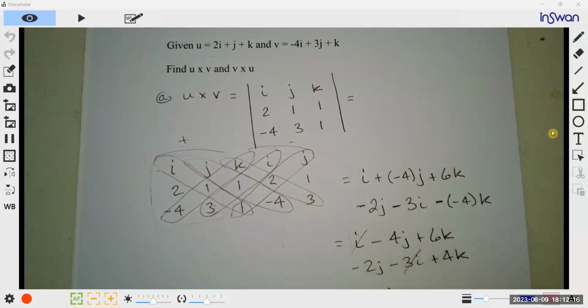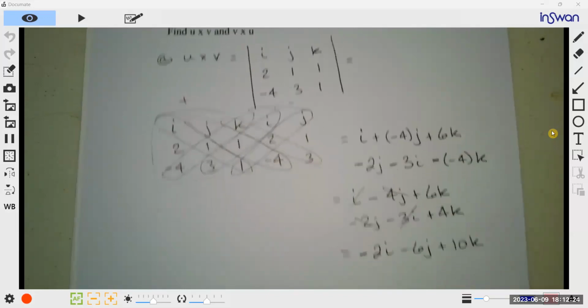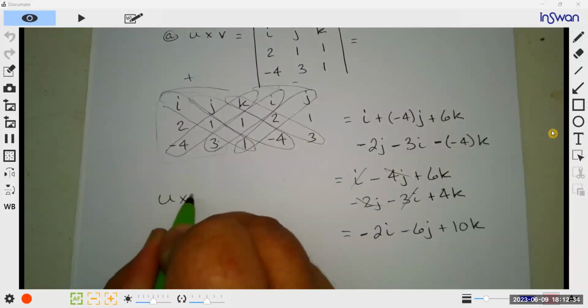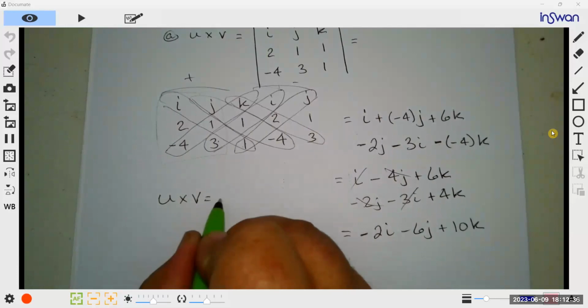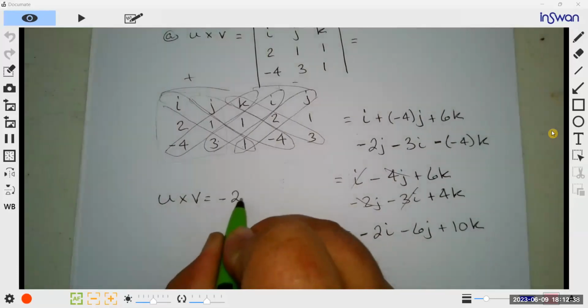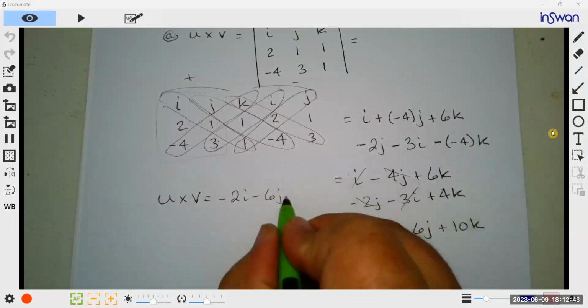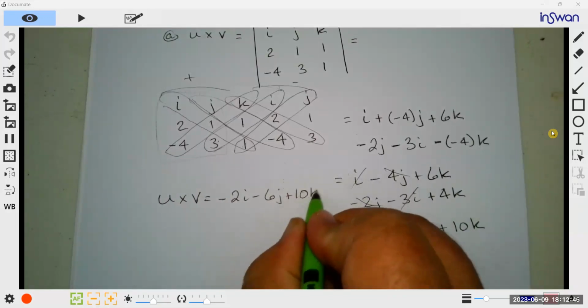Negative 2, negative 4 makes it negative 6j. And then 6 plus 4 is 10k. So for u cross v, our resulting vector is negative 2i minus 6j plus 10k.